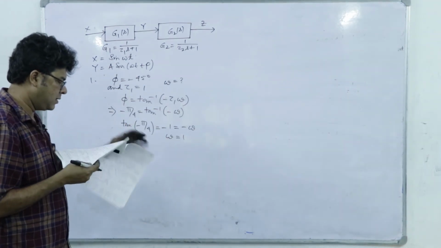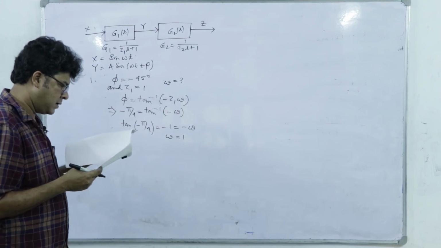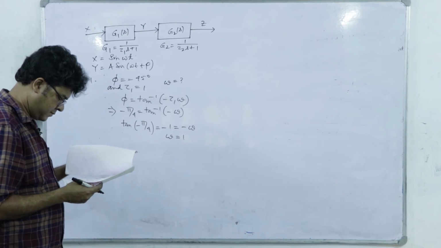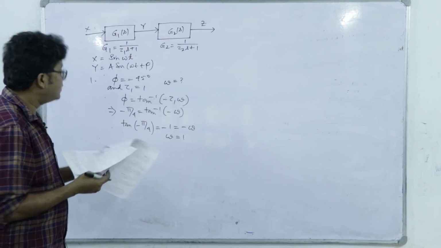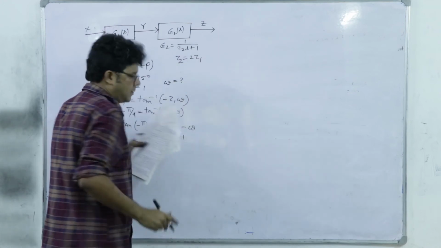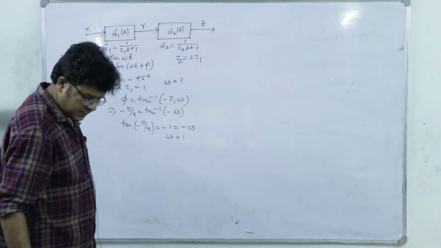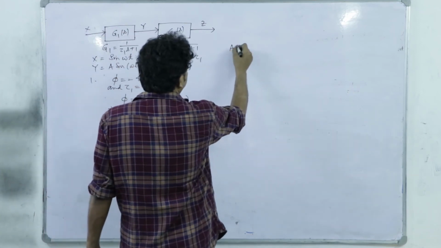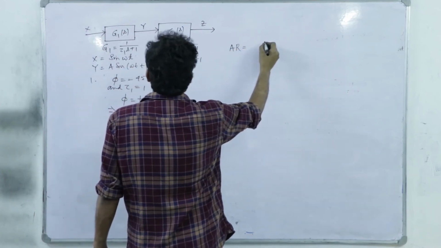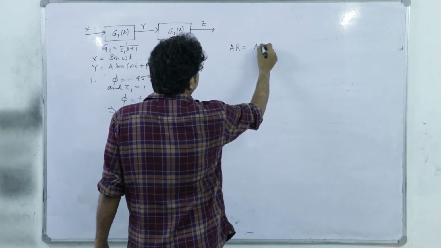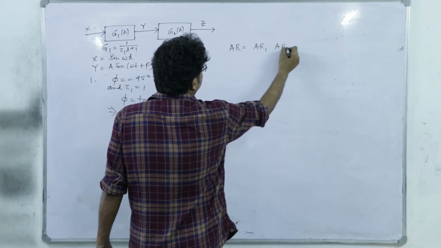Next, for the same input, what will be the amplitude of the output Z? Tau 1 is 1, and there is a relation given, tau 2 is equal to 2 tau 1. So the amplitude ratio is AR1 into AR2.